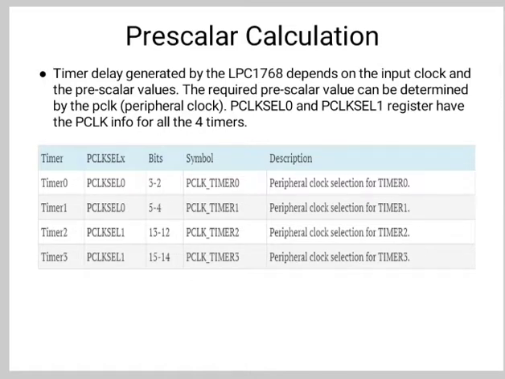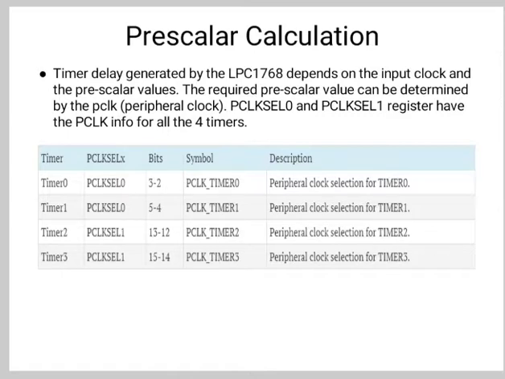The peripheral clock select 0 and select 1 registers have the PCLK information for all 4 timers. So for timer 0, PCLKSEL0, the bits are 3 to 2, PCLK_TIMER0, the peripheral clock selection for timer 0.